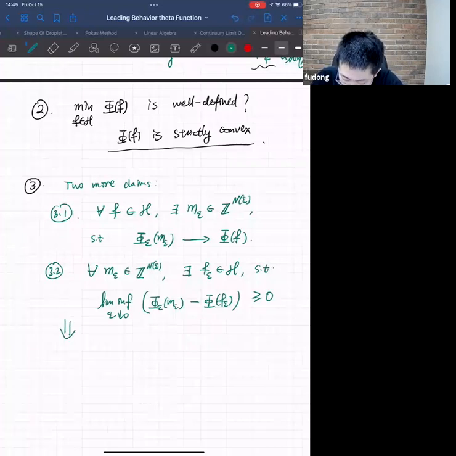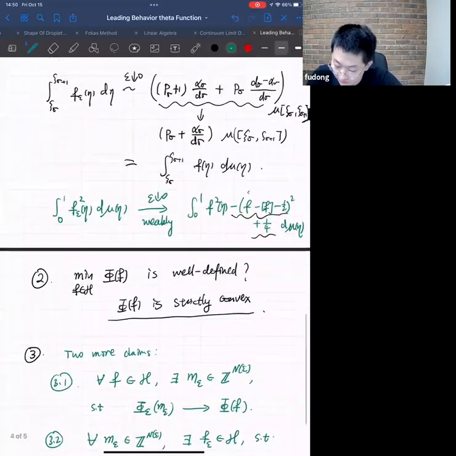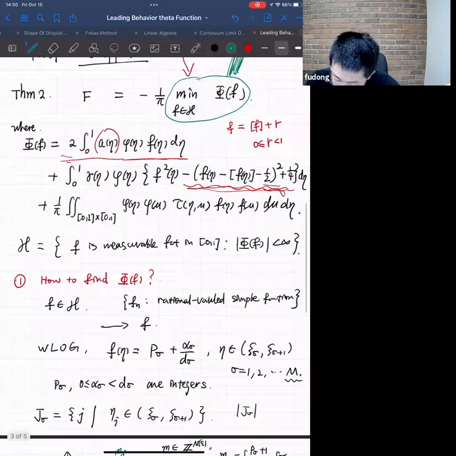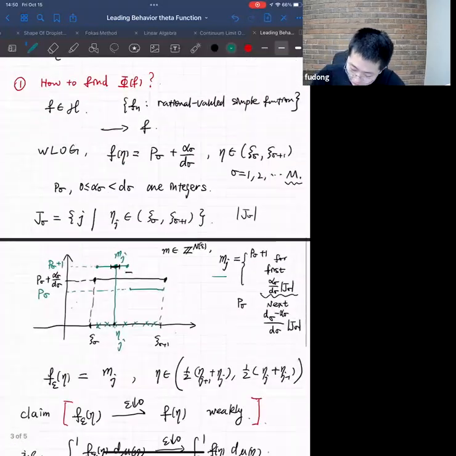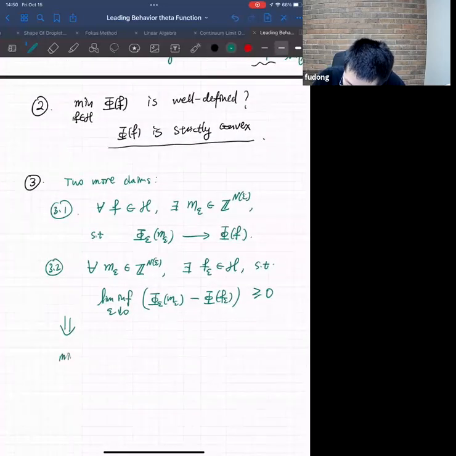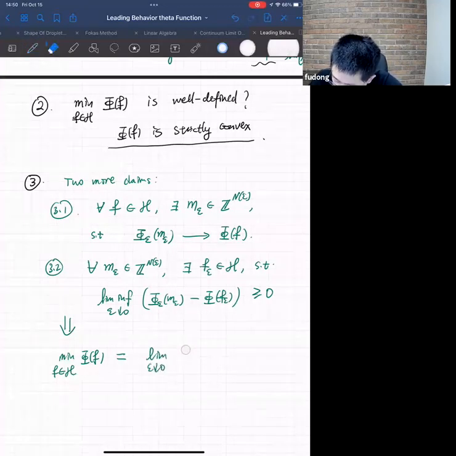These 2 claims will imply the minimum of this continuous function is exactly the limit, epsilon going to 0, of phi at the minimum of this discrete problem.